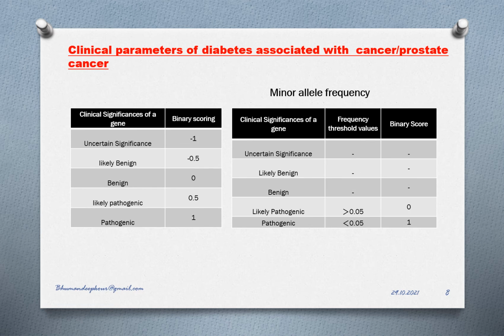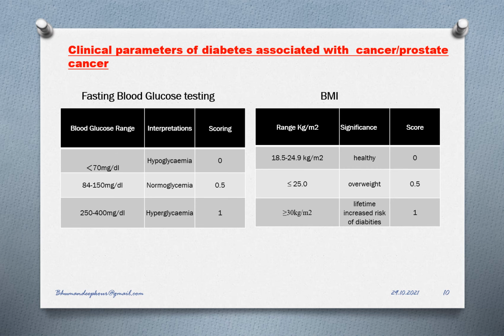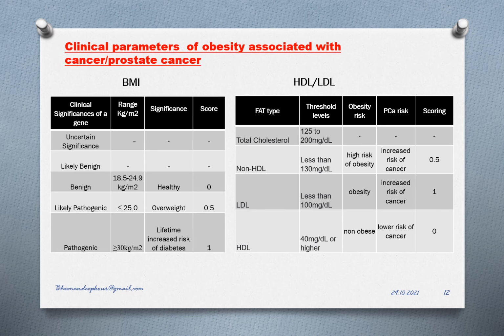Similarly, for diabetes, we have taken minor allele frequency, glycosylated hemoglobin, fasting blood glucose, and body mass index. For obesity, MAP value, BMI, and LDL or HDL values.